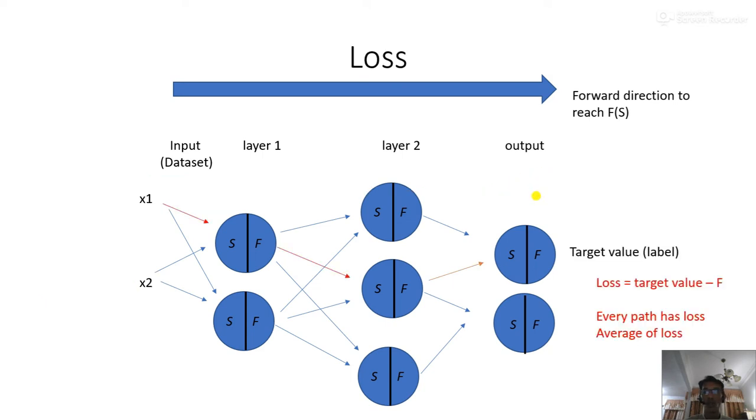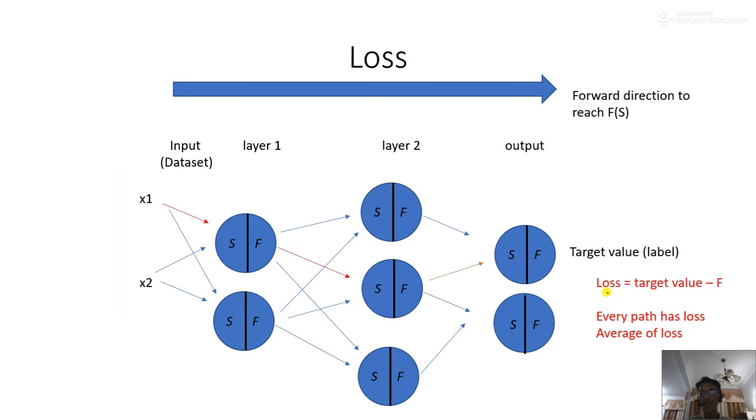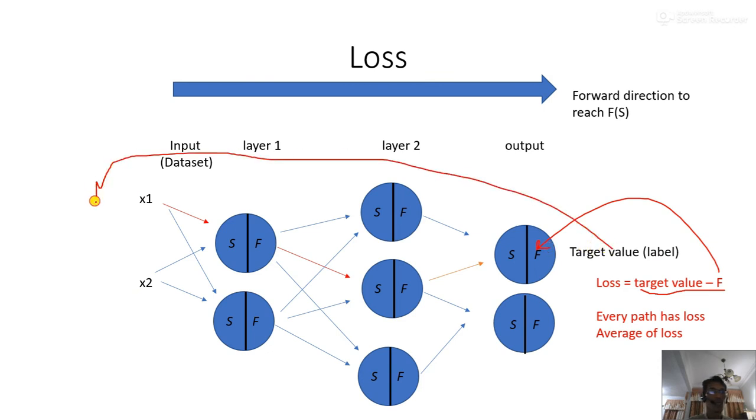At the end of the day you get the loss and the target value. The label goes there for the target value. So the loss will be defined by the target value minus f. So this is again f.